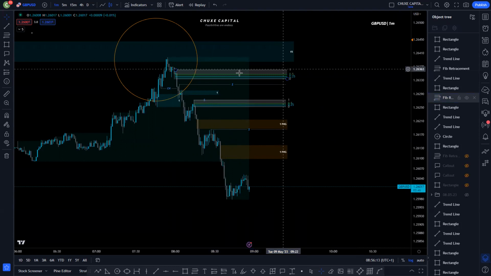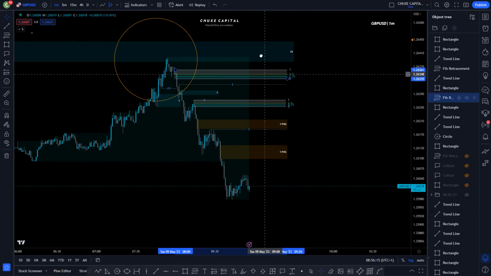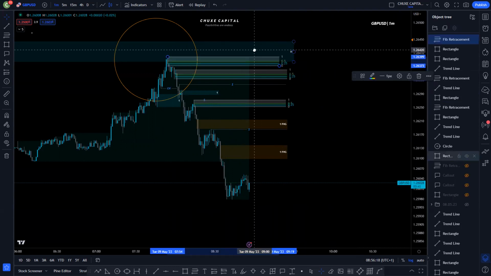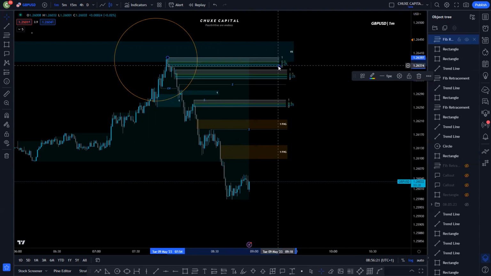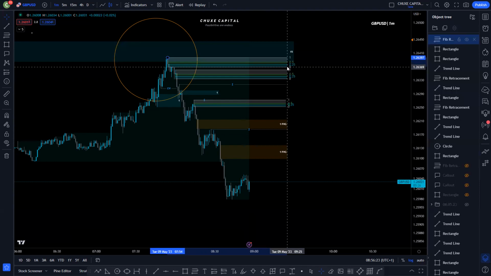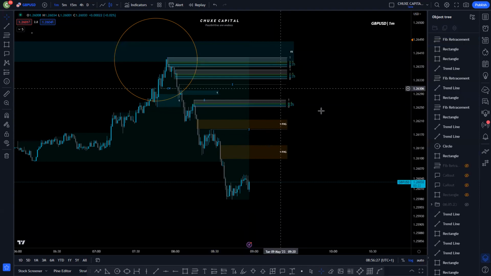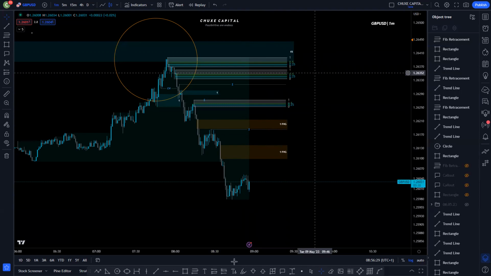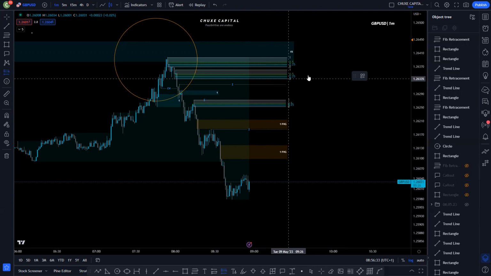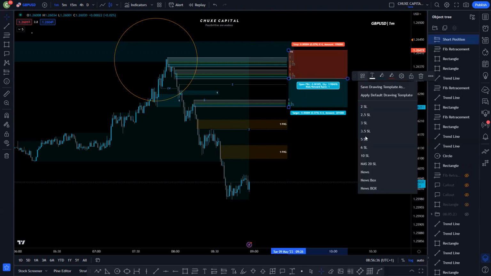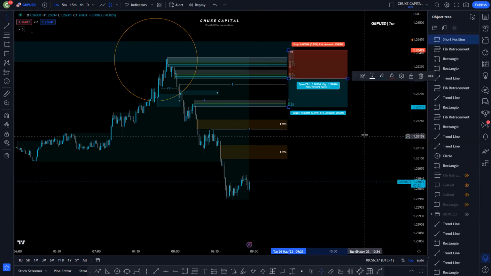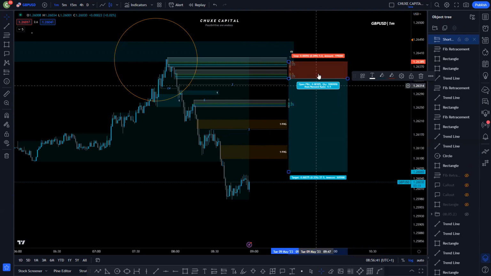So as of current market play, possible entry points will be this, or that, either one. So for instance, if I was taking an entry from here, and I do a 5 pip sell, this covers this.